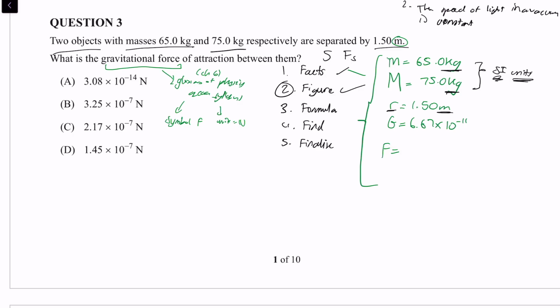Right? So we have capital F equals question mark, capital N for newtons.